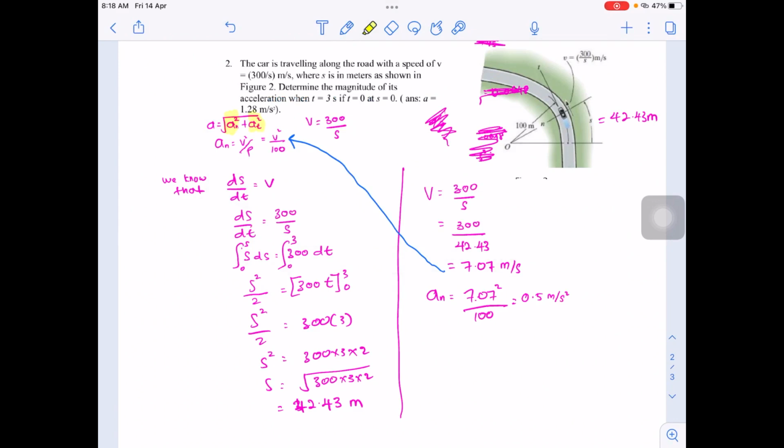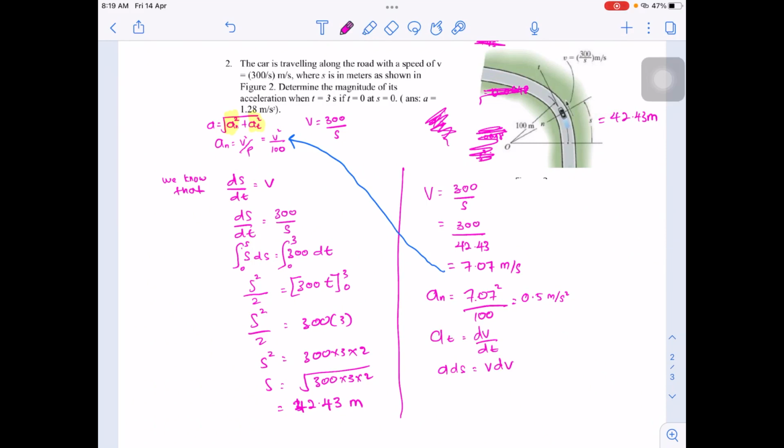So to find AT, basically dV over dt lah. But our V is a function of S, which is V is 300 over S. So biasanya kita akan pakai A ds is equal to V dV.